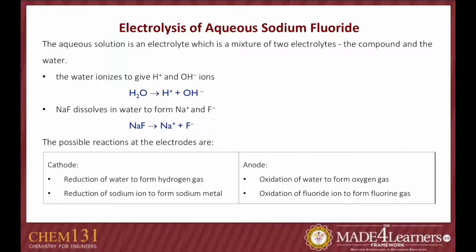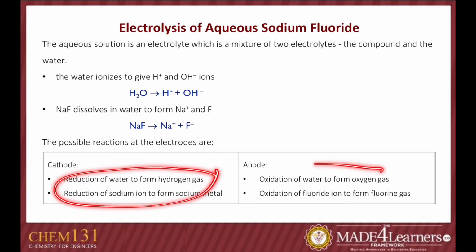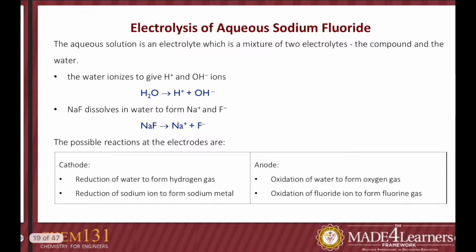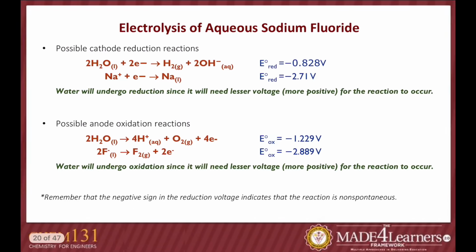It's either in the cathode, the sodium metal is formed or the hydrogen gas, and at the anode, it's either the fluoride ion, the fluorine gas is formed, or the oxygen gas. So, asa ani nila ang ma-form?